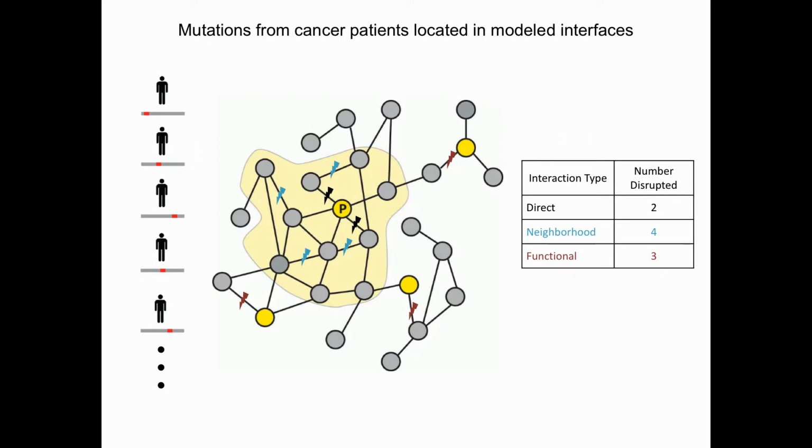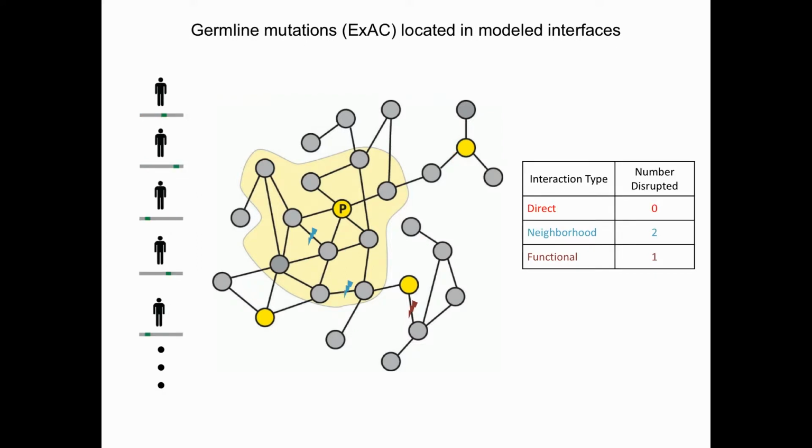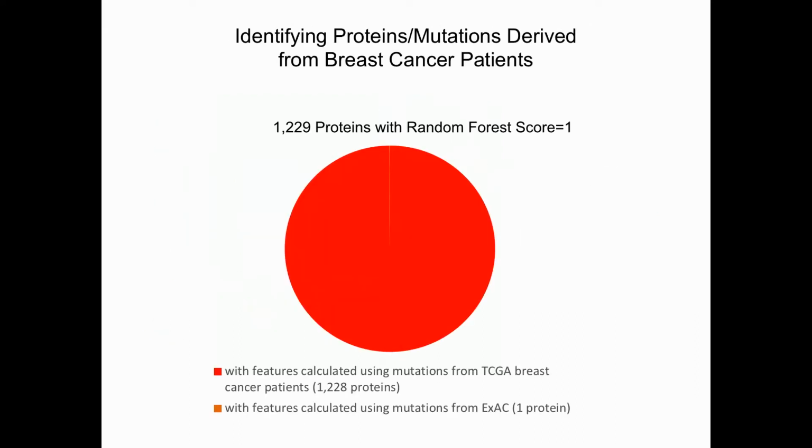We count those, and then we count the disruption of interactions of proteins shown here in yellow with the same function as P. We do that for cancer-associated mutations, and we do that for germline mutations. We combine it all in a random forest algorithm and ultimately come up with predictions whether a particular protein is associated with cancer or not.